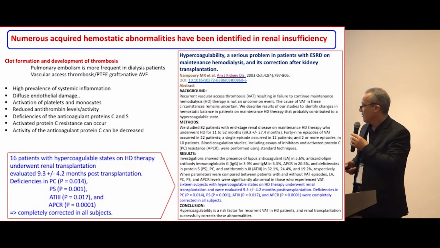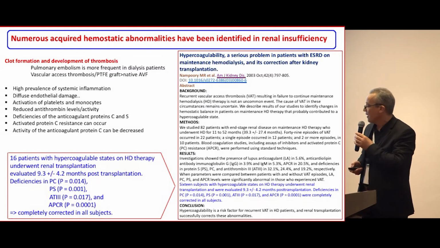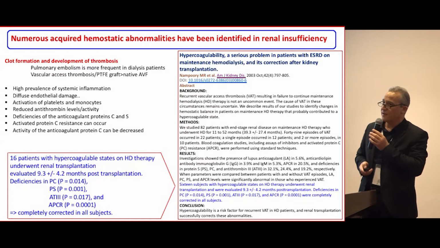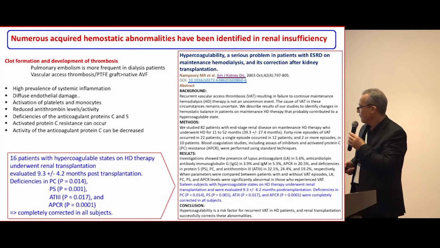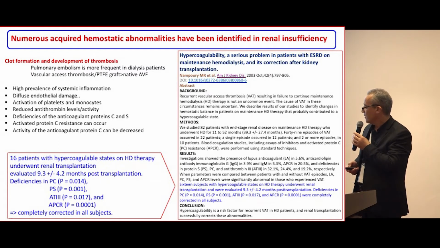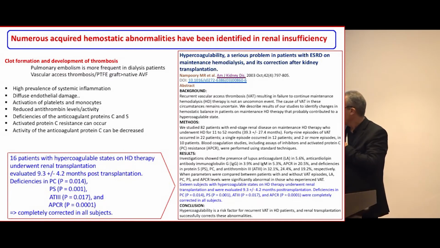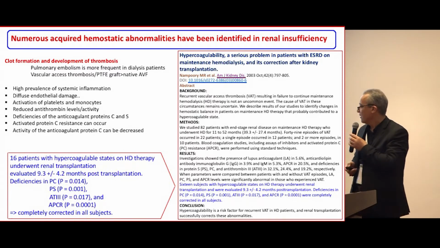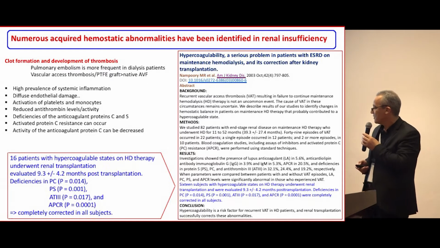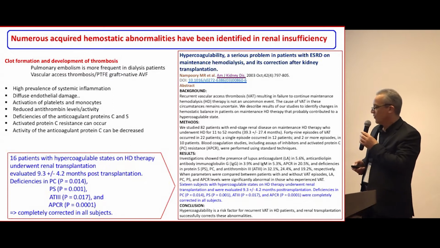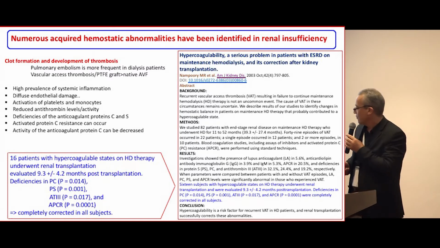And we know that there is a high prevalence of systemic inflammation in CKD patients, but also diffuse endothelial damage, activation of platelets and monocytes, reduced antithrombin activity, deficiency in anticoagulant protein C and S, and also alteration of activated protein C with resistance to it.